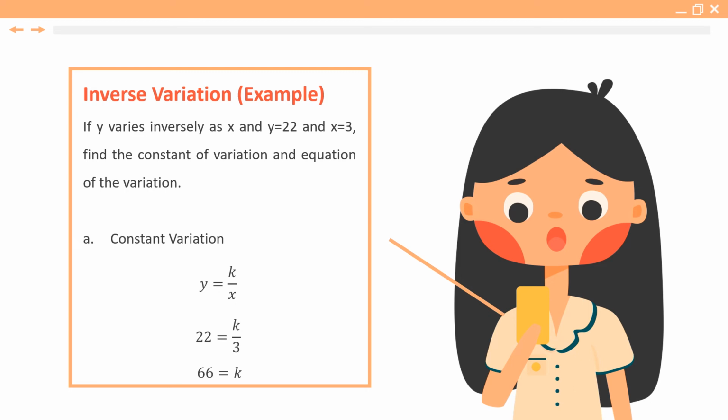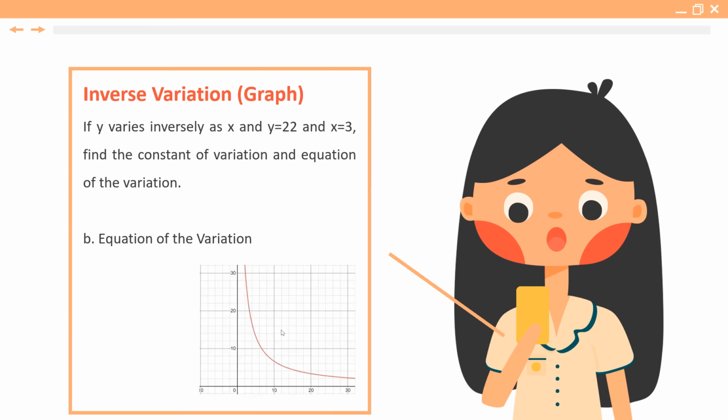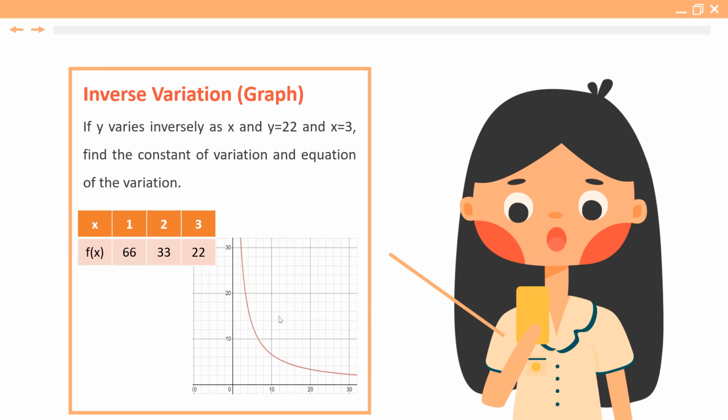So to find the equation of the variation, it's the same, substitute k in the given formula. So y is equal to 66 over x. And for our graph, here we have this one.